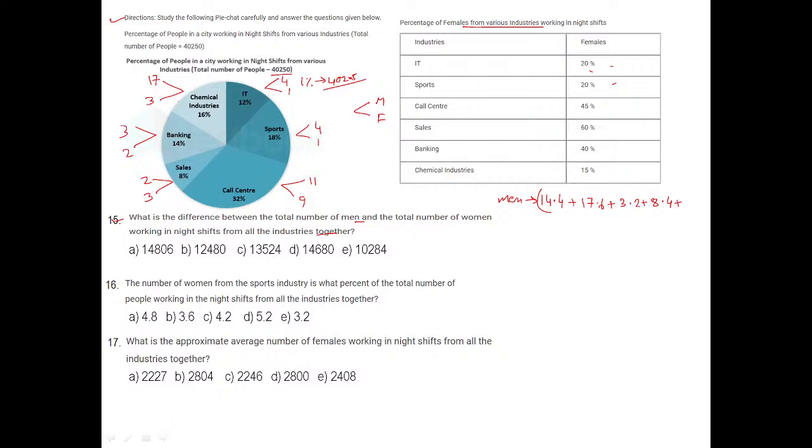Am I correct here? And the next is IT, right? IT sector. This is 5 means 2.4, again this is 9.6.